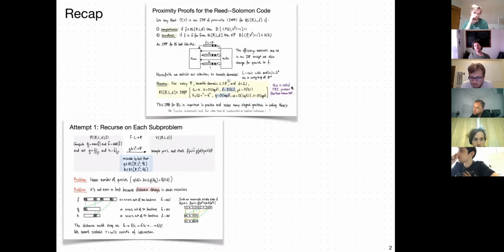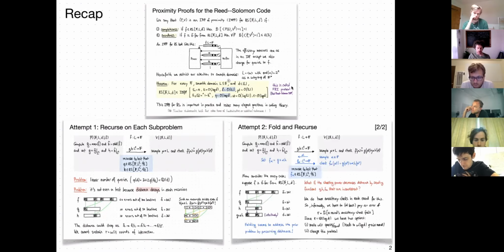And we also saw that there could be this situation that distance decays per iteration, because there could be these cancellations. Maybe we had a quadratic polynomial, and the moment that we split it into even and odd polynomials, somehow the coefficient of x squared got canceled, and we lost degree.